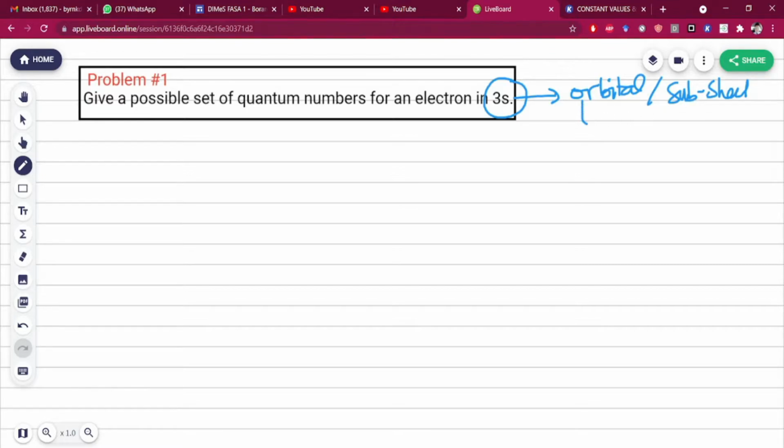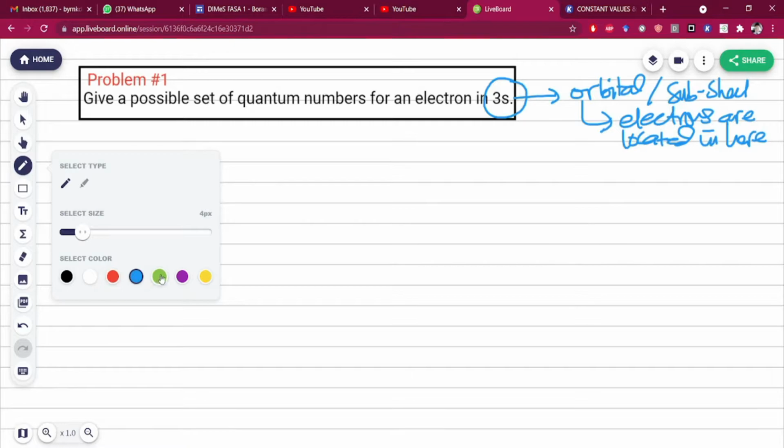And in here you can have electrons inside. When the electrons are inside this orbital, those electrons will have a set of quantum numbers.